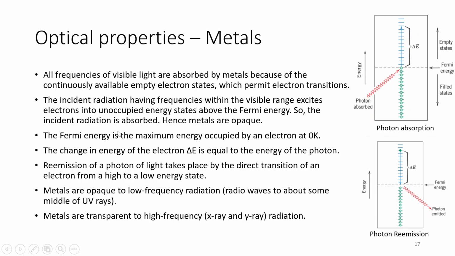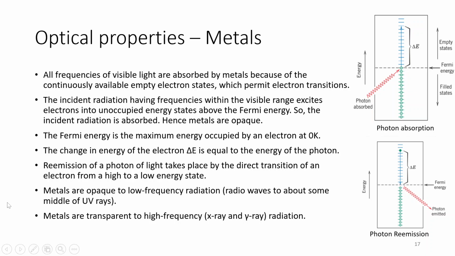So the incident radiation is absorbed, hence metals are opaque. The Fermi energy is the maximum energy occupied by an electron at 0 Kelvin, and the change in the energy of the electron, delta E, is equal to the energy of the photon. And the re-emission of a photon of light takes place by the direct transition of an electron from a high to a low energy state.